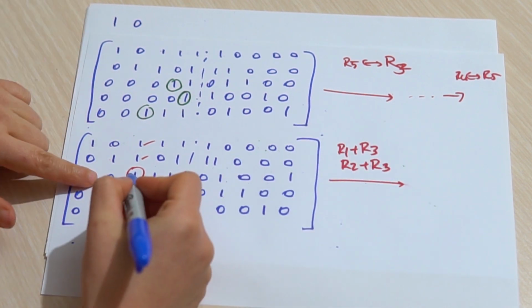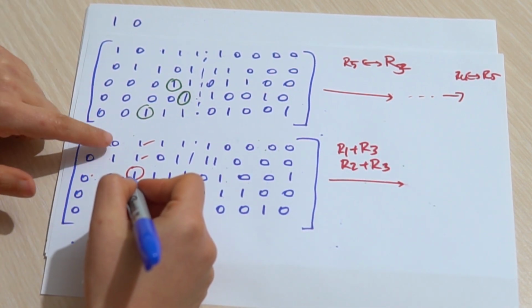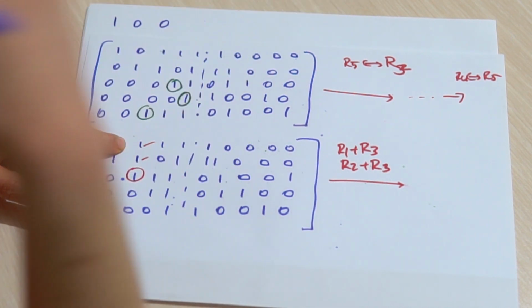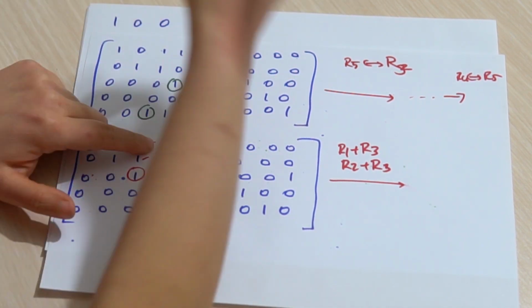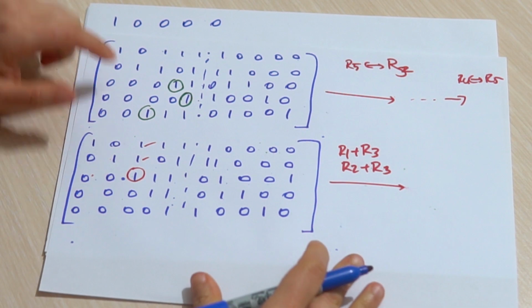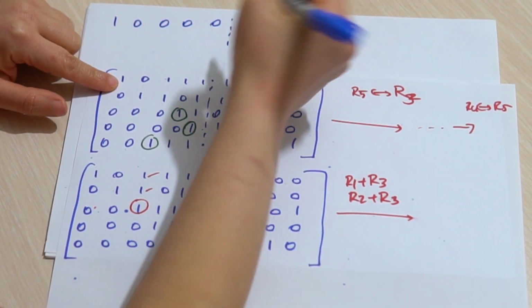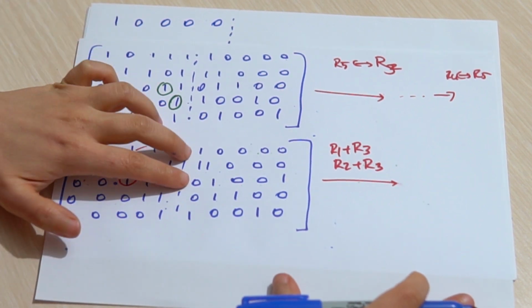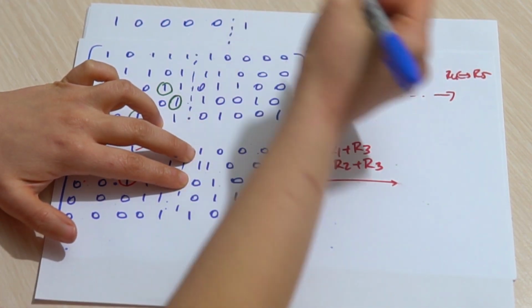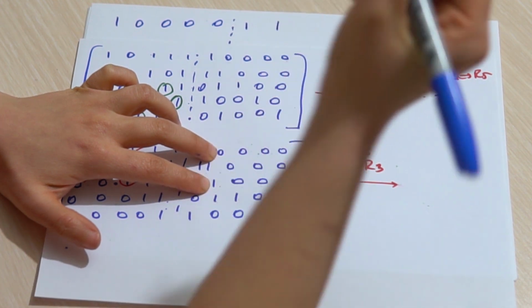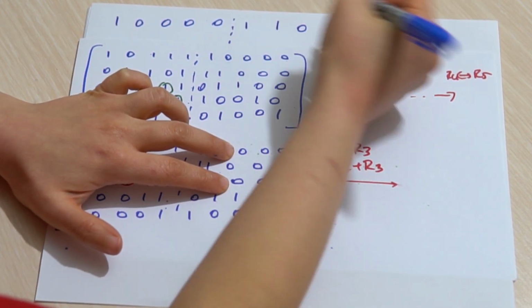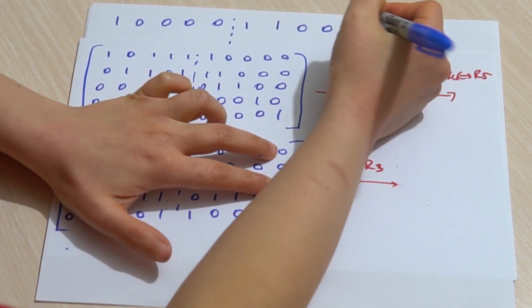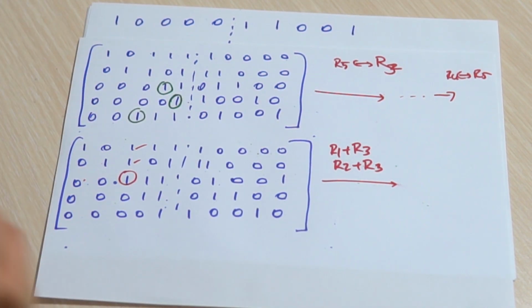like, let's look at row 3 plus row 1, 1 0 0, 1 plus 0 is 0, 0 0, and at the other side I have like 1 1 0 0 1.